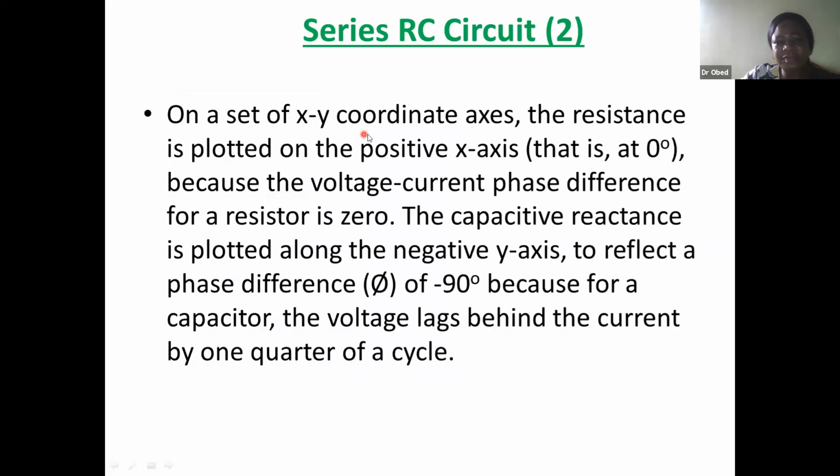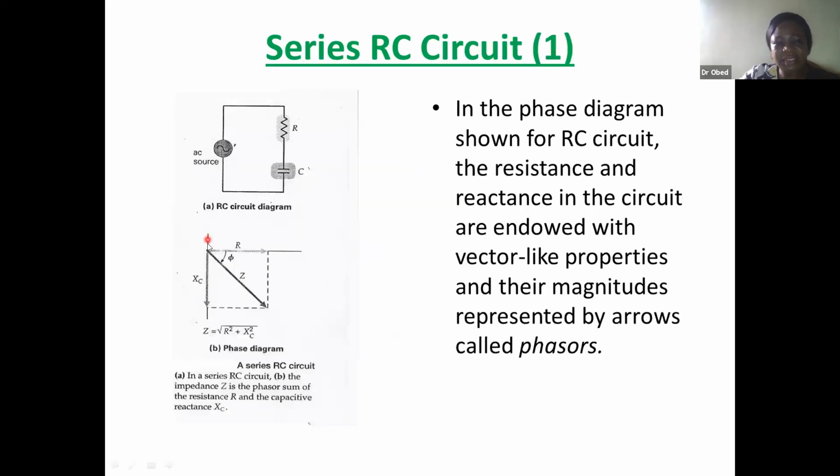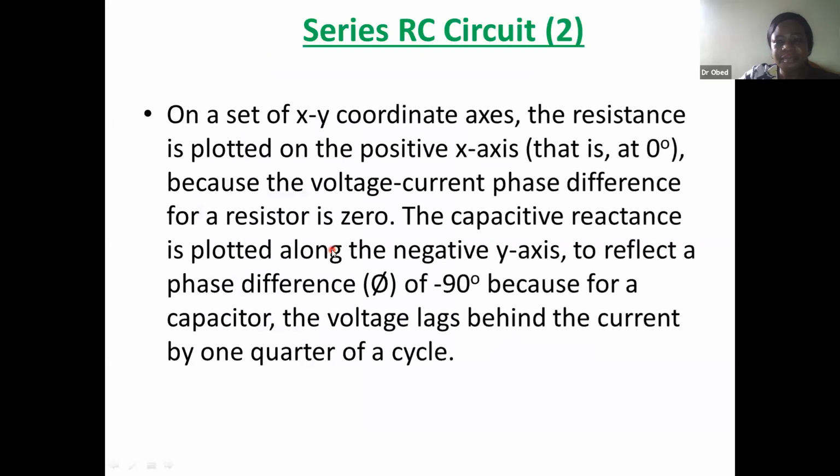On a set of XY coordinate axes, the resistance is plotted on the positive x-axis, as you can see. That is at 0 degrees, because the voltage-current phase difference for a resistor is 0.